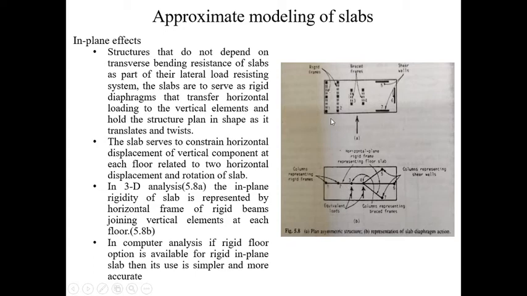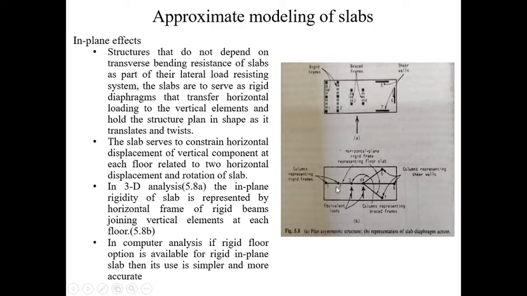Here we can see this is column 1, column 2, column 3, column 4, 5, 6, 7. These 5, 6, 7 are the shear walls, and in between they are the rigid frames. So when we show the representation of the slab in the modeling, columns 1, 2 represent the rigid frames.